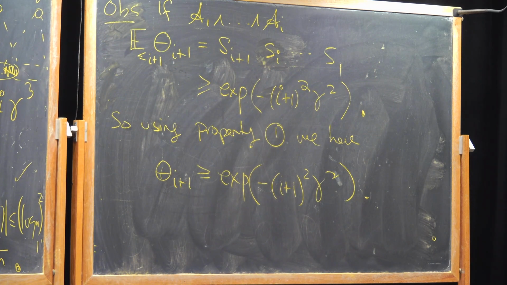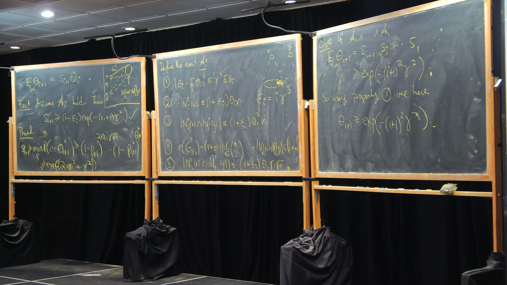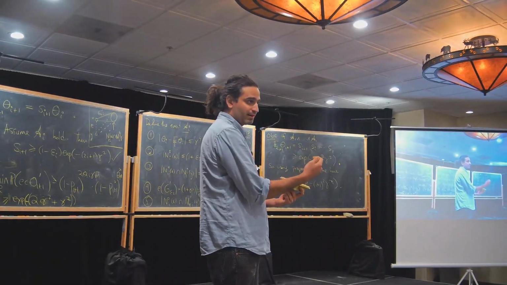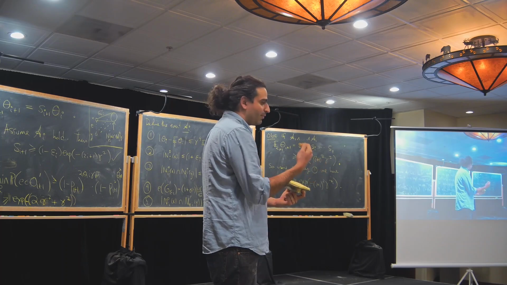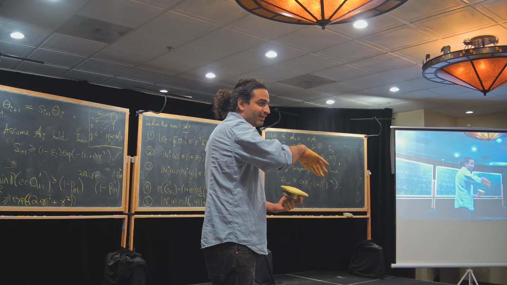And now this is really good news for us. Because what are we trying to do here? We're trying to understand how long the process runs. And the only way that it can stop is basically if theta I gets too small.